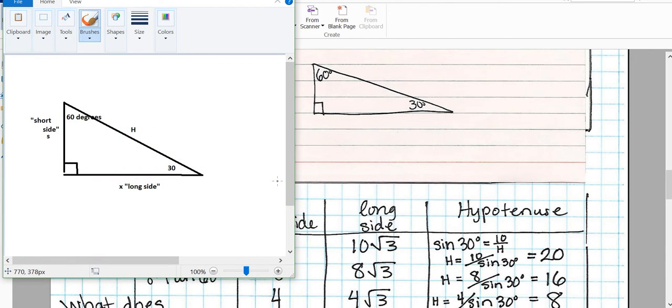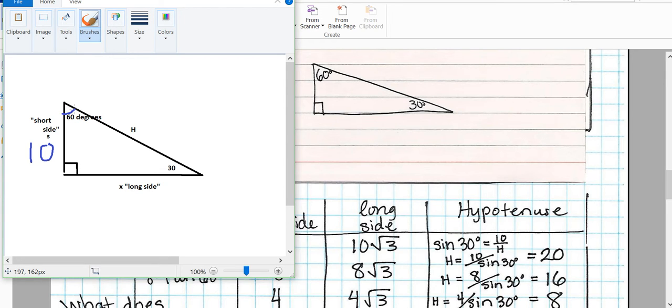So here is the same triangle, and let's say that we have a 10 right here for our short side. And we don't know what our long side is, so we have X there. Alright? And we're going to relate them, both of those sides, to 60 degrees.